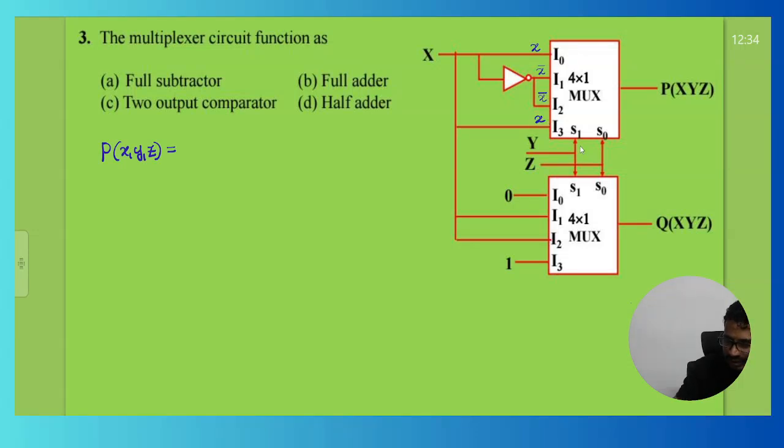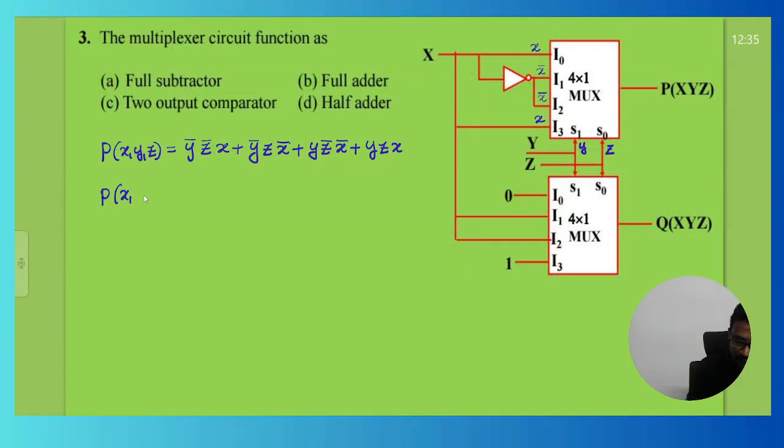And S1 is connected to Y and S0 is connected to Z. So tell me the expression here: Y bar Z bar into X plus Y bar Z into X bar plus Y Z bar into X bar plus YZ into X.